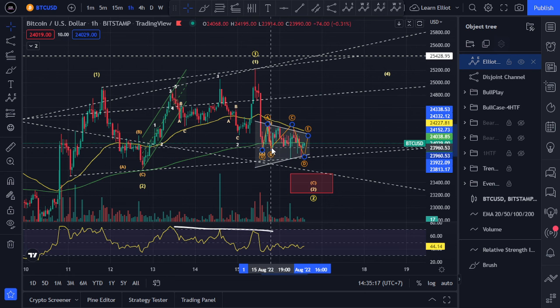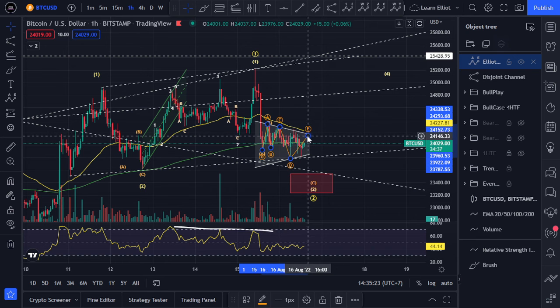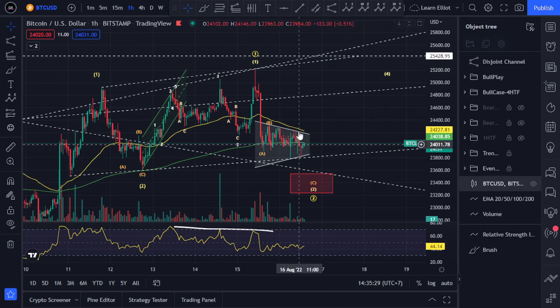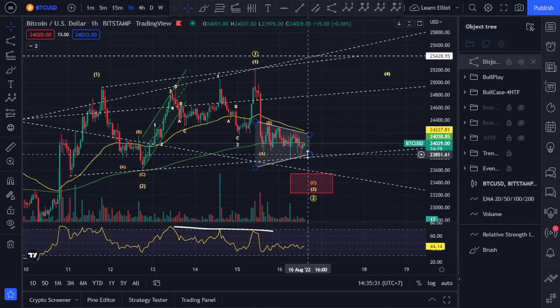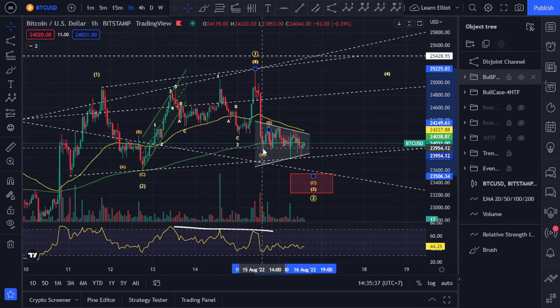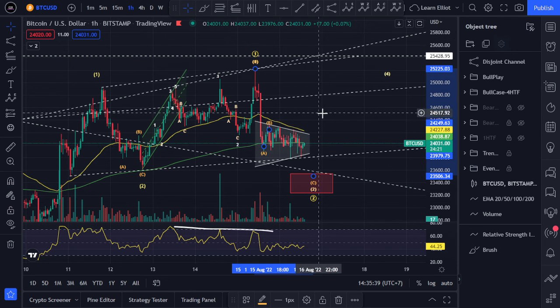Or maybe like this: A, B, C, D, E, and the price will drop. So let's just put this here. Not leading diagonal, what do you call it again? A disjoint channel.